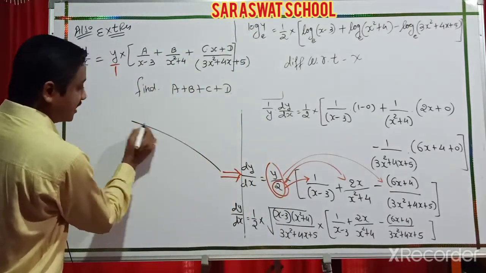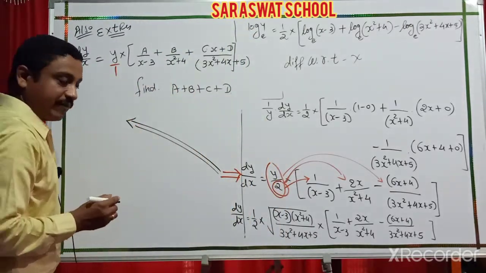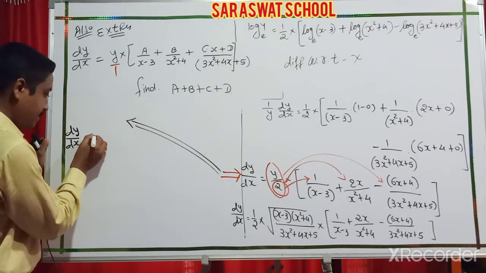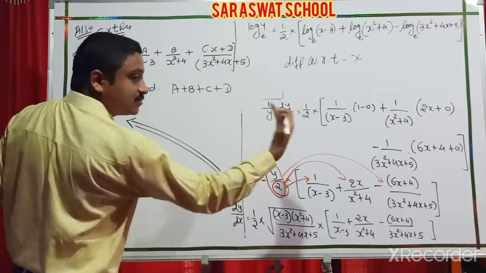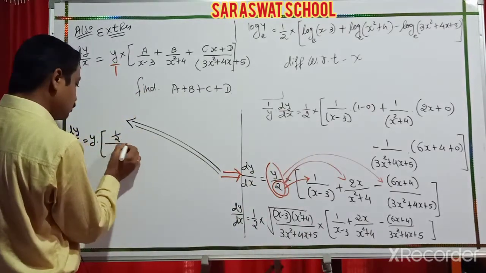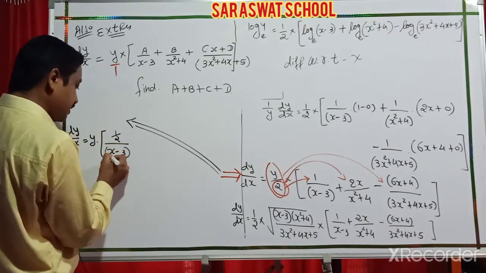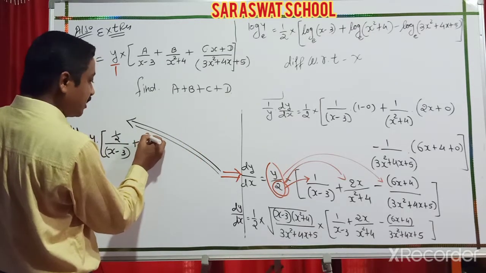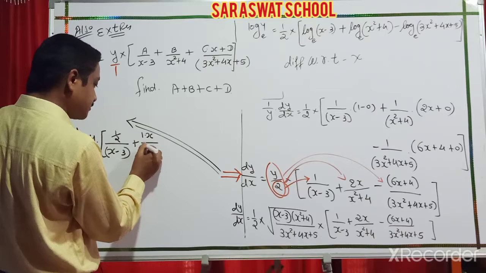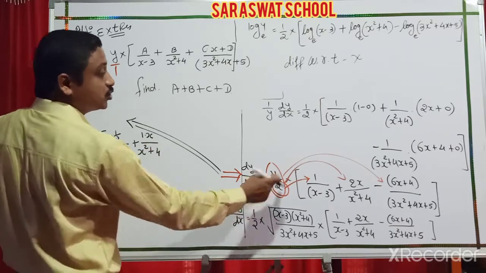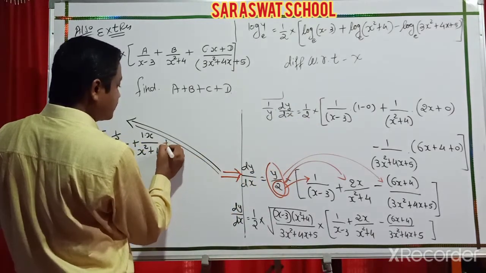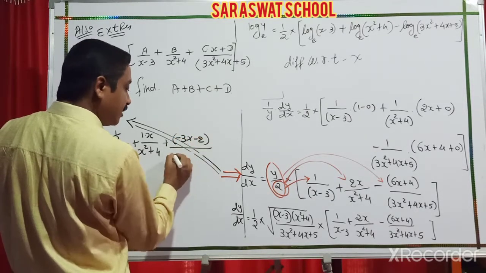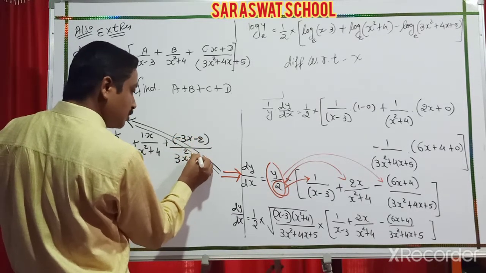Yes, I represent this equation in this way: dy by dx, y upon 2, I just multiply that, 1 by 2. x minus 3 the same, here 2x by 2 means 1, x by x square plus 4, and these 2 also divided, so here plus internal, just minus 3x minus 2 by 3x square plus 4x plus 5.